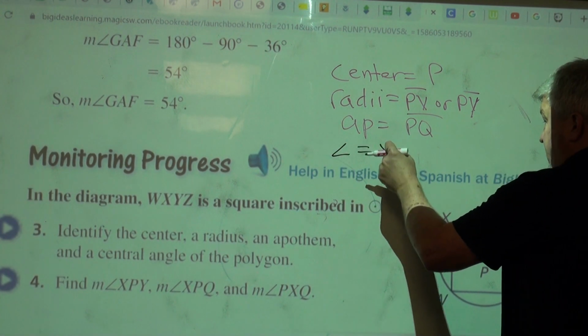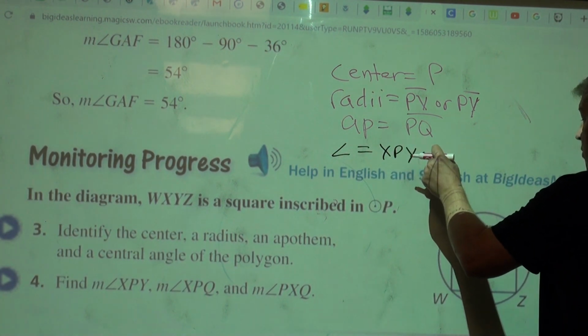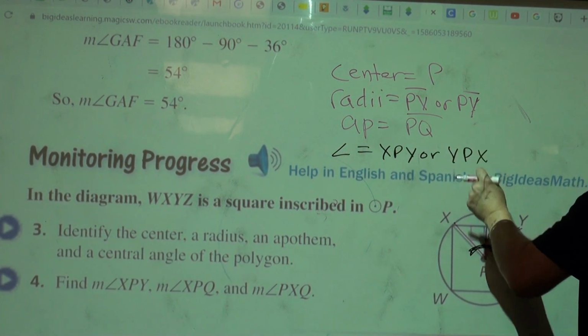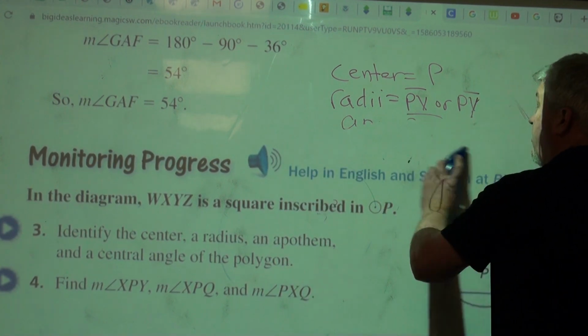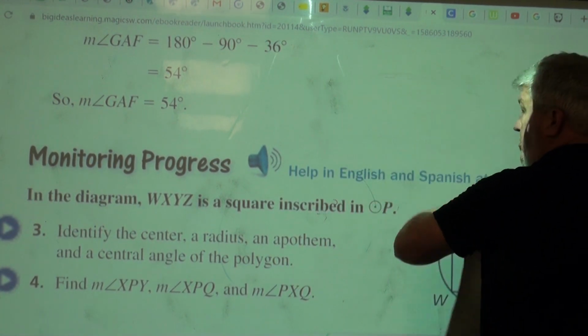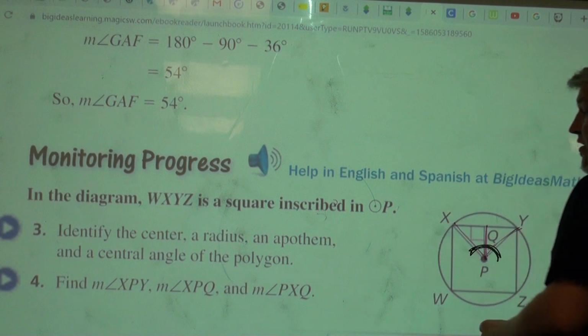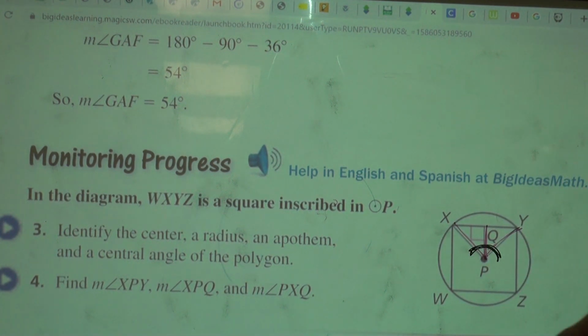Angle equals XPY, or you could call it YPX, one or the other. Okay, you're just identifying the angles. Okay, the second thing is where you actually have to solve for things. All right, let me erase that. So find the measure of XPY.